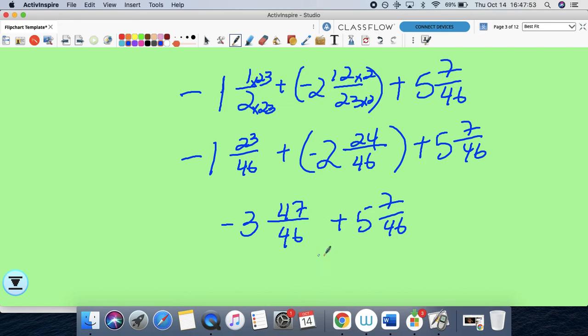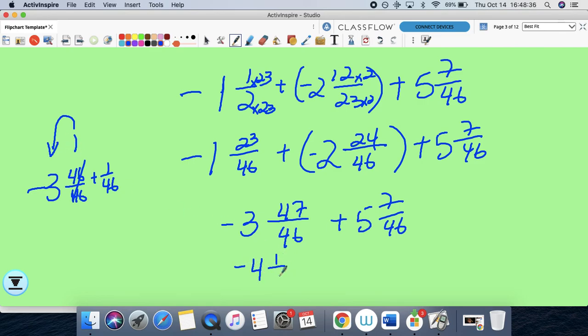Okay, so let's do the fractions first. You know what, actually that's not going to work out. What I'd rather do, so we don't get anybody confused, is change this to negative 3 and 47 over 46, which is the same thing as 46 over 46 and then plus 1 over 46. So 46 over 46 is just 1, and that 1 with the whole number becomes negative 4.